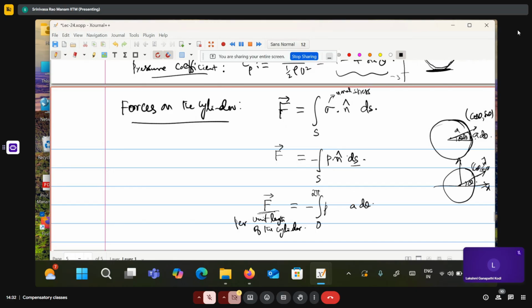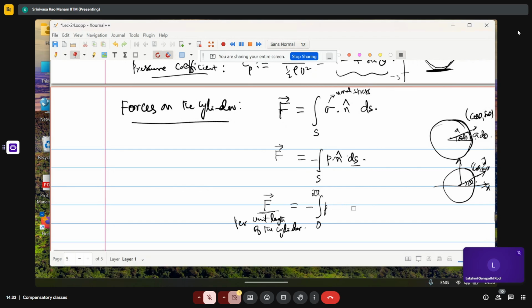So you will have p cos theta, and sin theta is also there, no? Both are there. Cos theta, sin theta, both you have to put. This is the normal, both you put it.